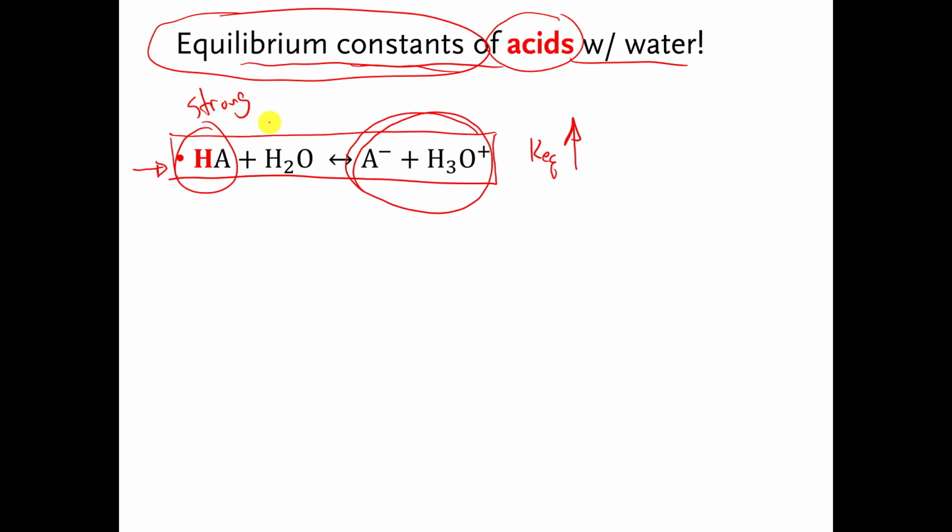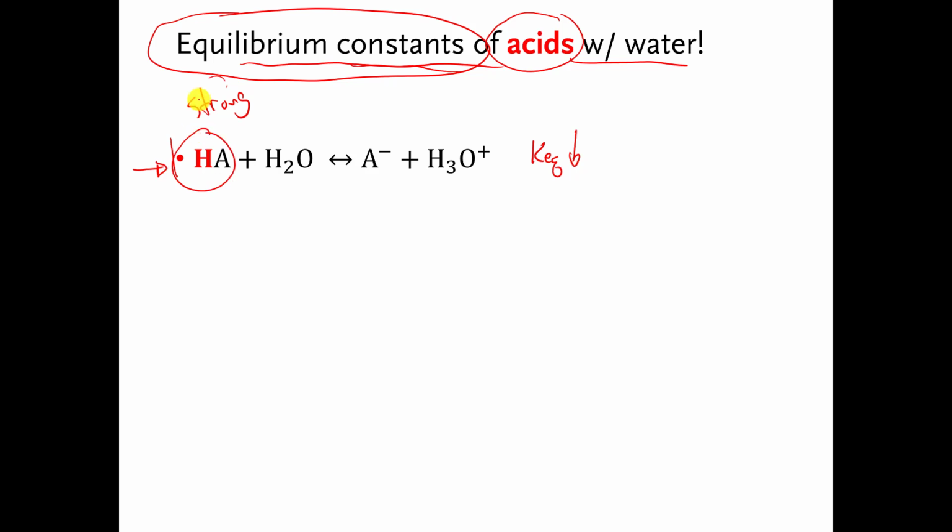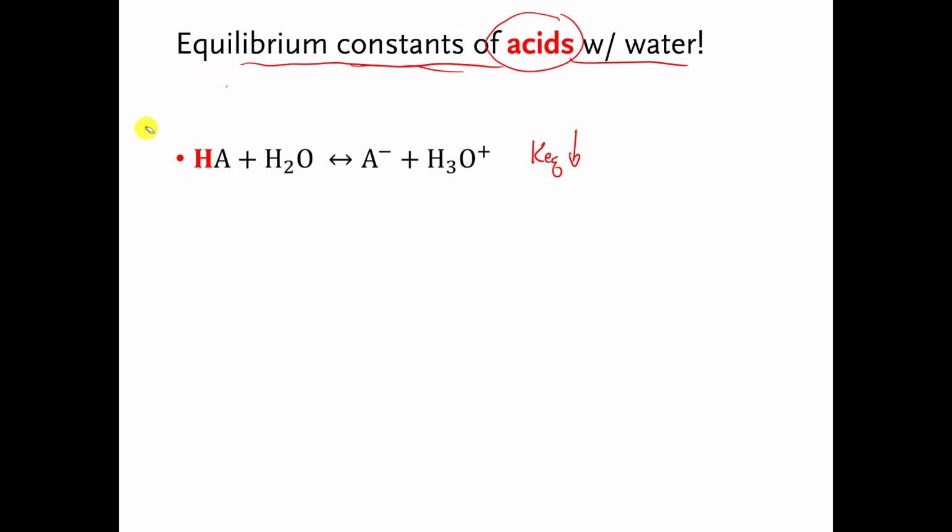Then we could also say, if the equilibrium constant is small, then that would mean that the left side of the equation is favored, and that would mean that this acid, whatever it is, is not so strong, maybe it's a weak acid.